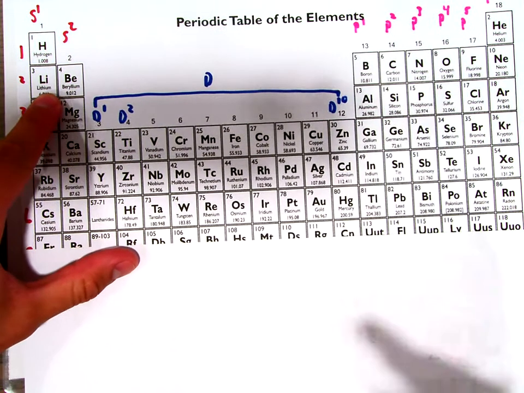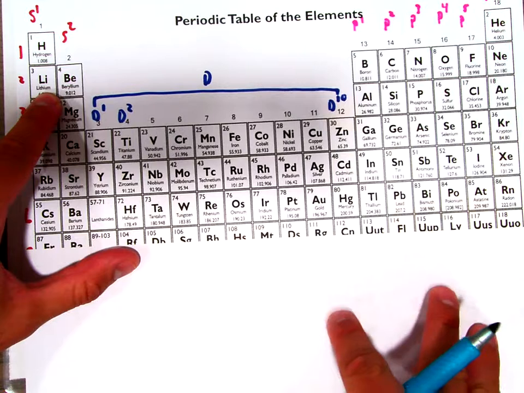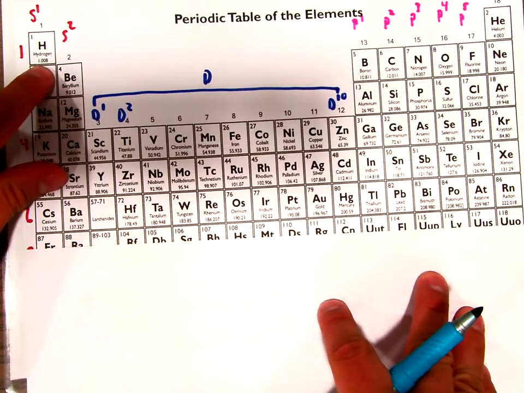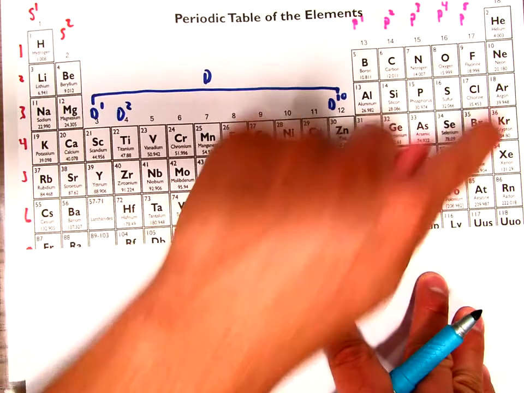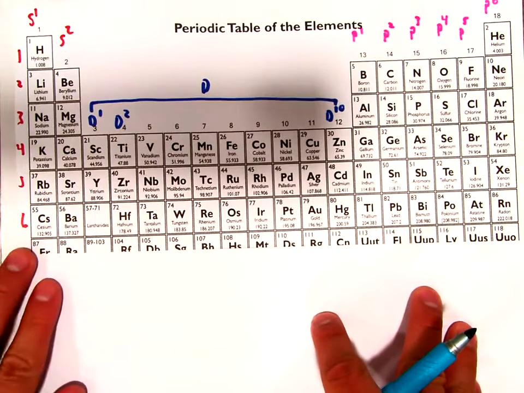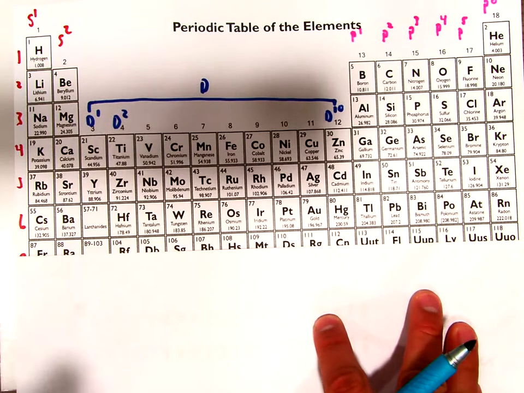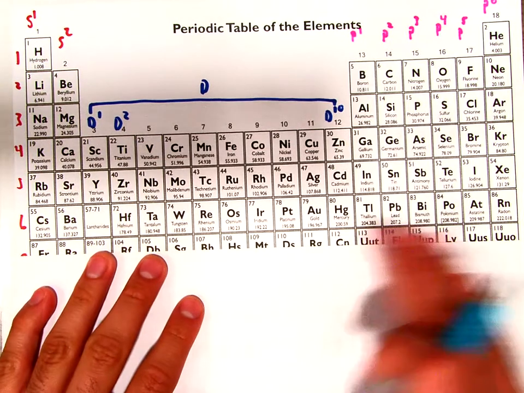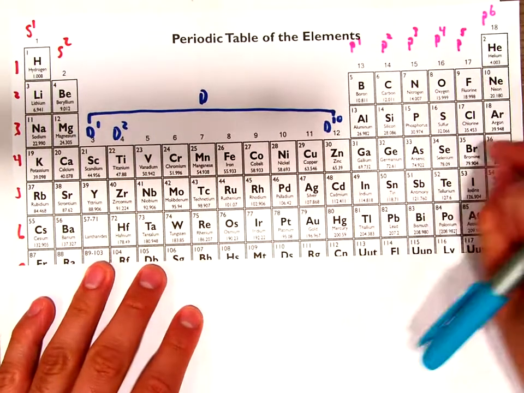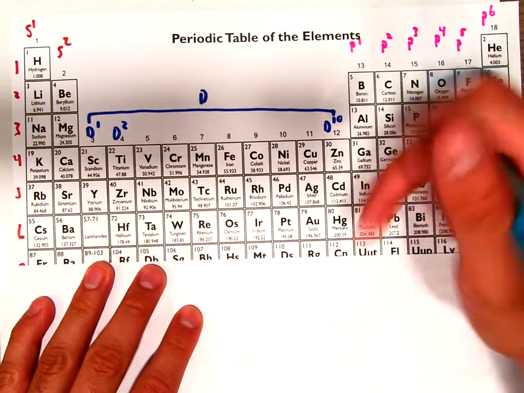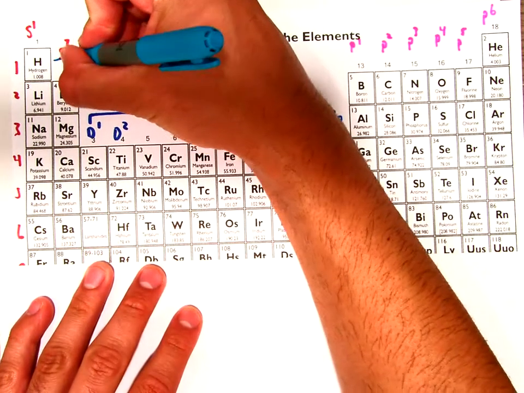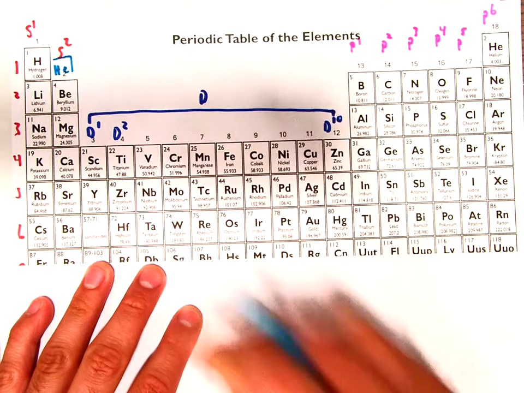When we're doing these problems, we always have to start from hydrogen and work our way to the element we want, because the Aufbau principle tells us that the lower orbitals have to be filled before we get to the higher ones. All of these trends pretty much stay the same, except helium is the only exception. You can actually think of helium as being right here, and we'll go over why right now.